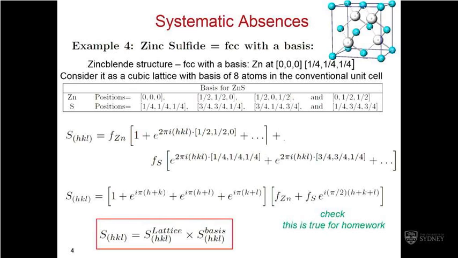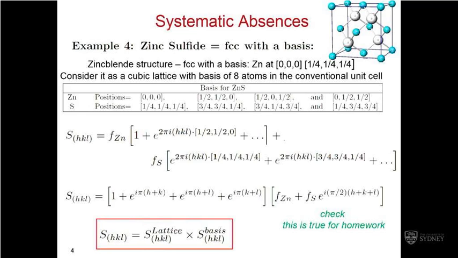What you find, this is important, put a red box around it, is that you get a structure factor of the lattice, which is just your cubic lattice. And then you get a structure factor multiplied by the structure factor of the actual basis, which is all of the atoms inside it. So just check that you get that for homework, or if you're convinced already, you don't need to do it, obviously.